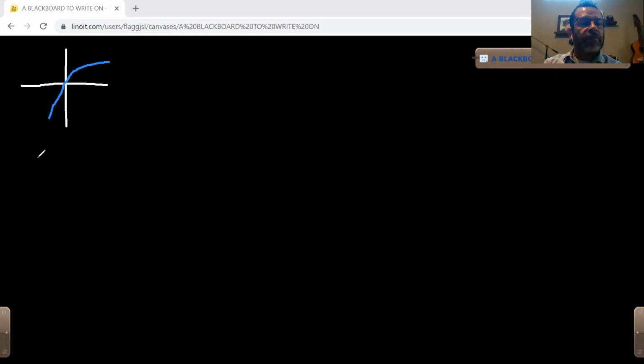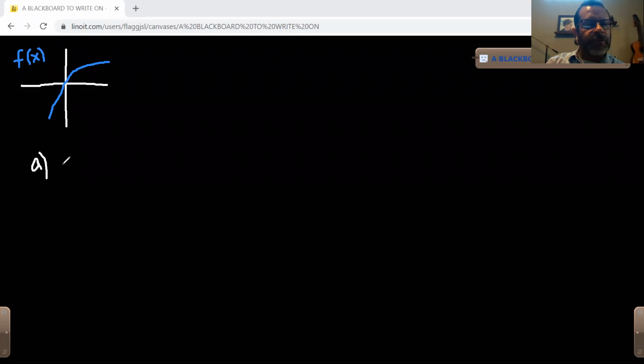Now let's see each of the problems. Let's start off with A. I'm going to write them down here. The other important thing is that this graph is f of x. We don't know the mathematical expression of f of x, by the way. We just know that it is that graph.